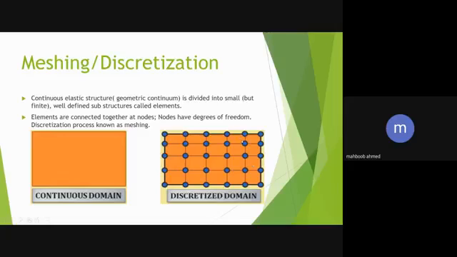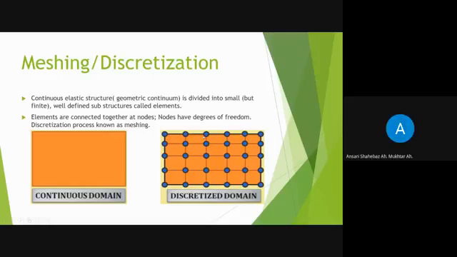So there are 20 elements here, and you can see these elements are connected to each other at some points, shown in blue color. These points are known as nodes, and this portion is known as your element. We are having 20 elements, and how many nodes? 1 2 3 4 5, 1 2 3 4 5 6, 30 nodes.